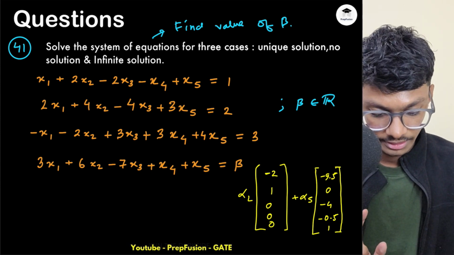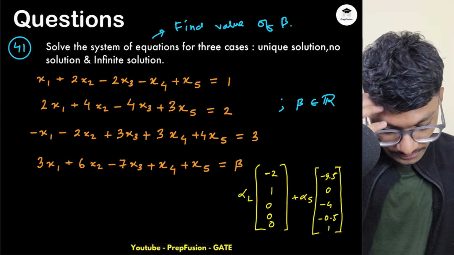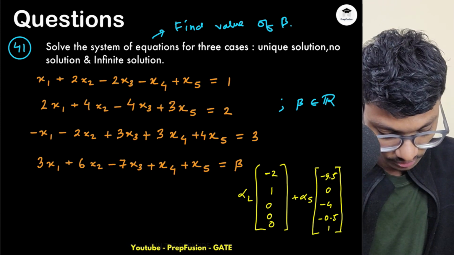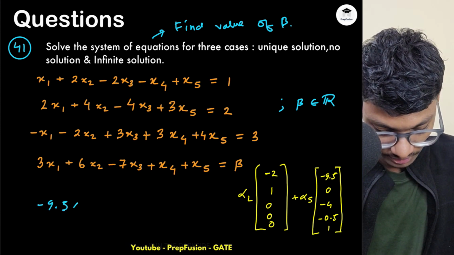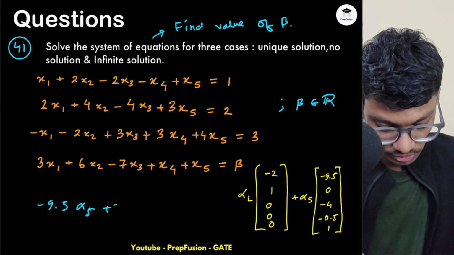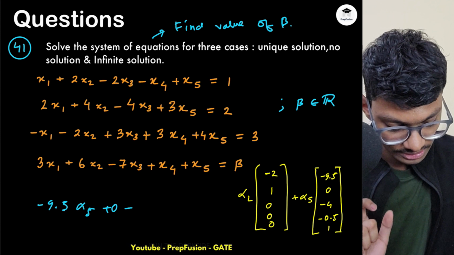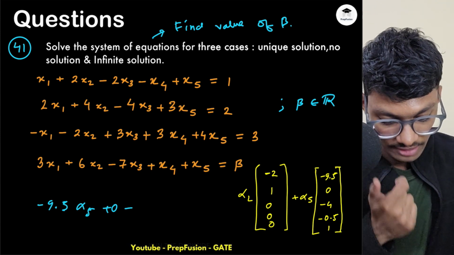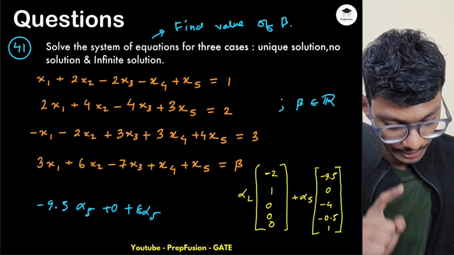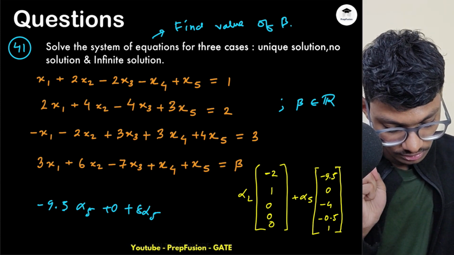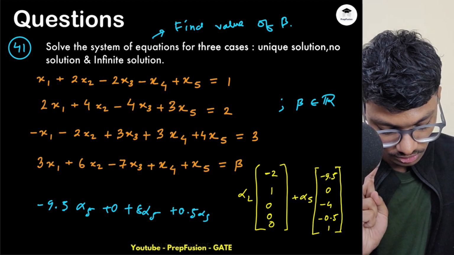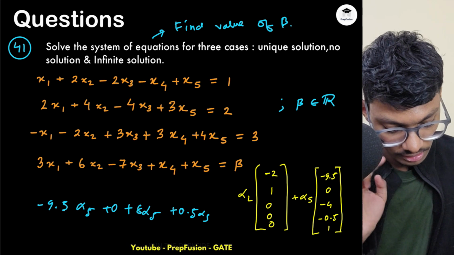Now again, let's use this. Here this is minus 9.5 alpha 5, and I can cross check whether I have done this correctly or not. Now x2 is 0, so this is 0, and x3 is minus 4 alpha 5, so this is plus 8 alpha 5. x4 is minus 0.5 alpha 5, so this is plus 0.5 alpha 5, and this is plus alpha 5.